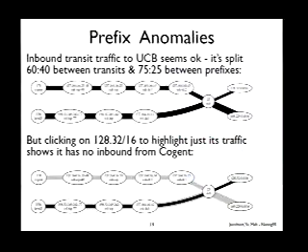So another way of looking at this data is not looking at its temporal behavior, but looking at the correlation, the paths. An example of that is looking at a prefix anomaly. So start by clicking on the UC Berkeley data in that first picture.